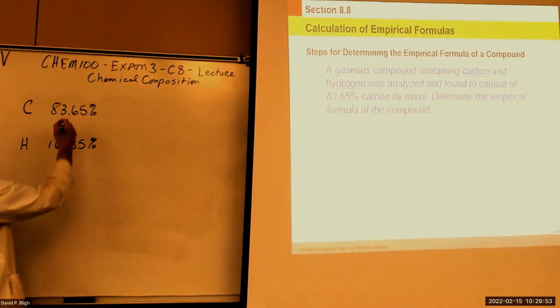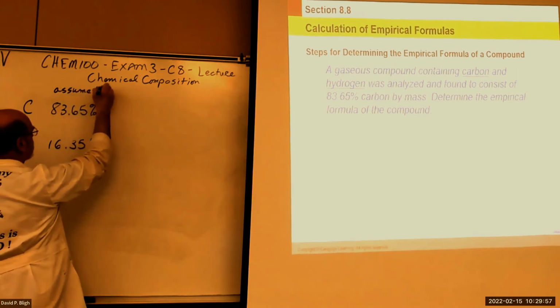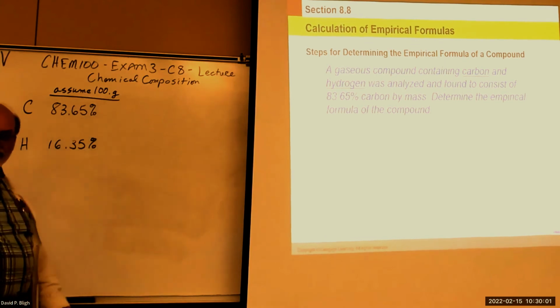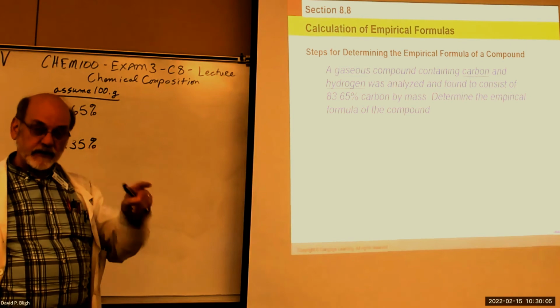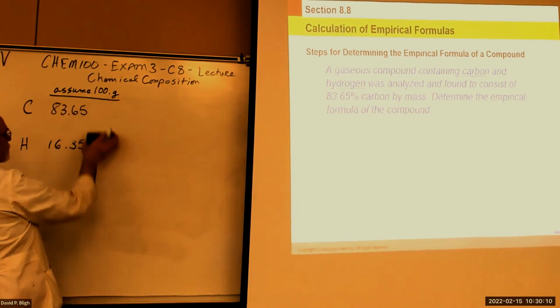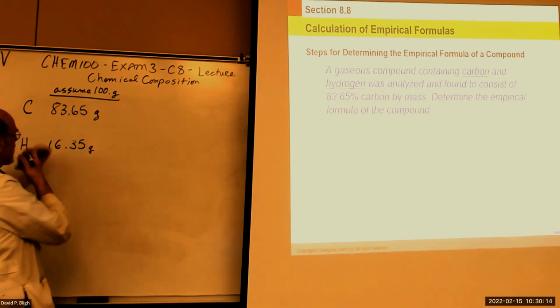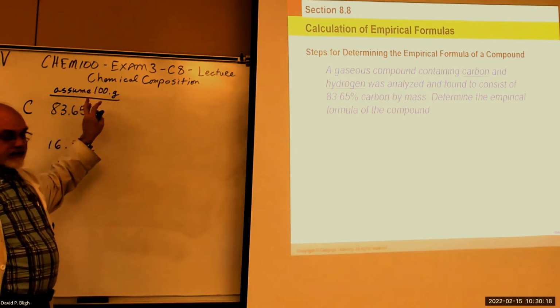So here's what I do. Assume a 100 gram sample. Now, what does that percent become? If it's grams per 100 grams and you have a 100 gram sample, then this becomes grams. Right? 83.65 grams per 100 grams. That's percent.